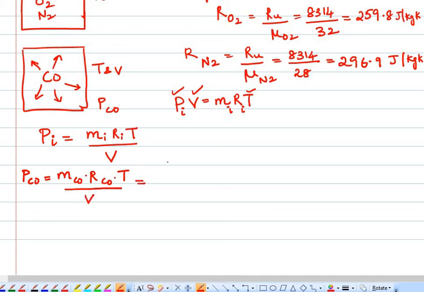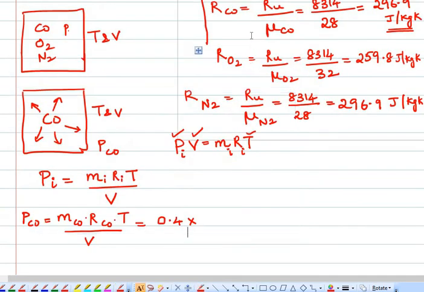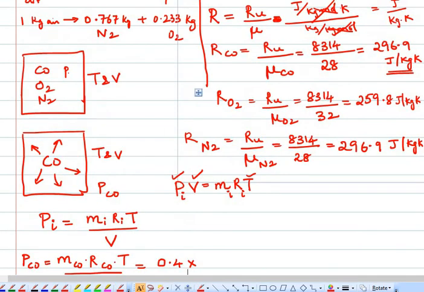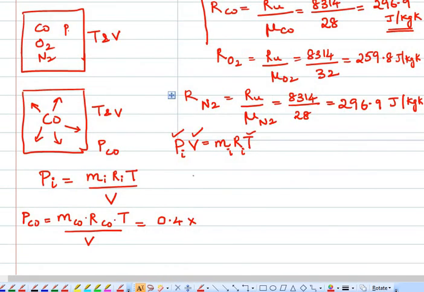So mass of carbon monoxide is 0.40 into R value of carbon monoxide, that is 296.9, into temperature.